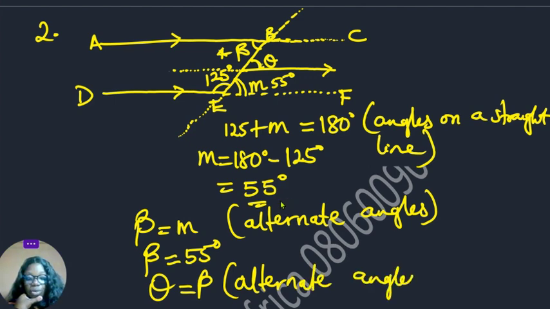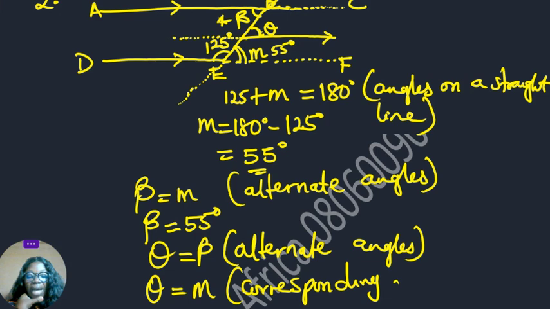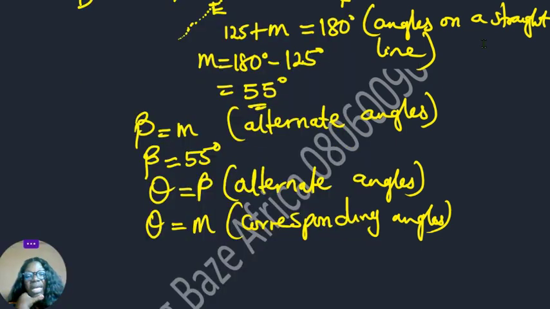And theta is also equal to M, because they are corresponding angles. So theta is equal to 55 degrees, because beta is 55 degrees and angle M is 55 degrees.